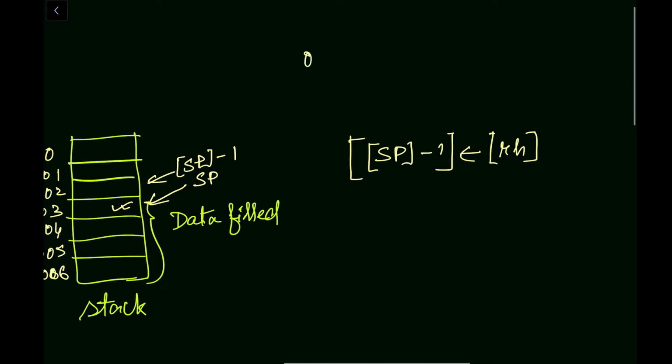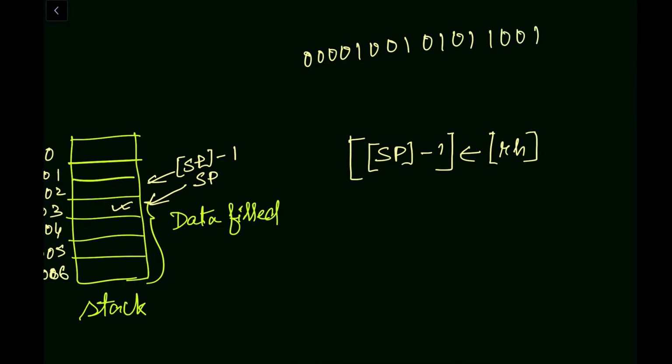Suppose we have 00001010101001. Suppose this is the 16-bit data. So this higher order 8 bits is RH, and this lower order 8 bits is RL. That means register pair higher order 8 bits RH and lower order RL.